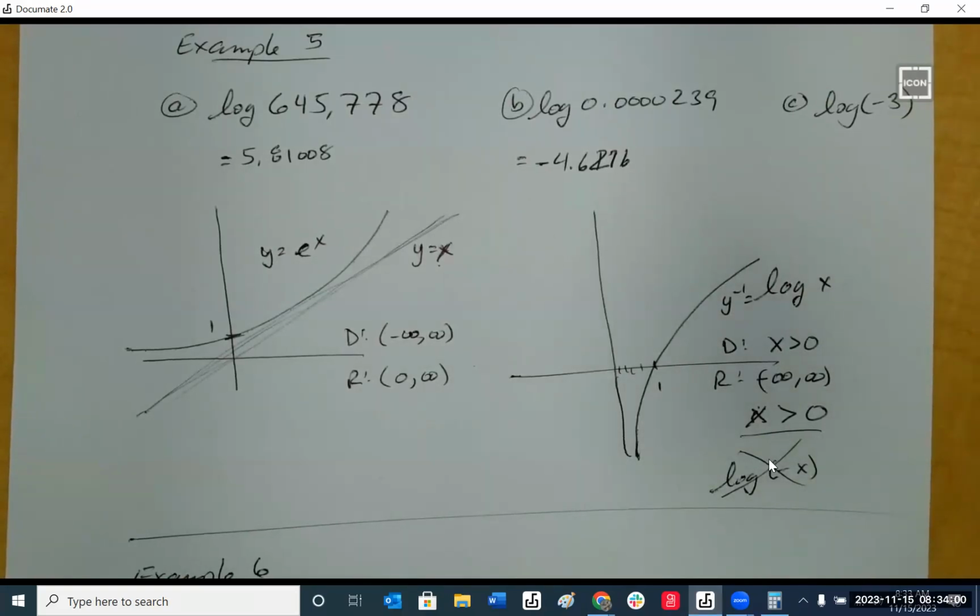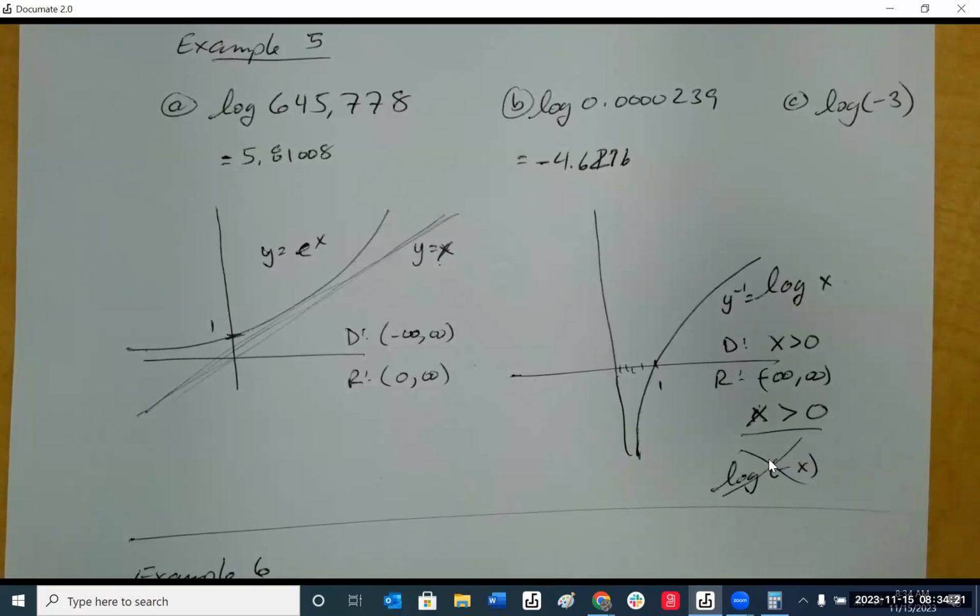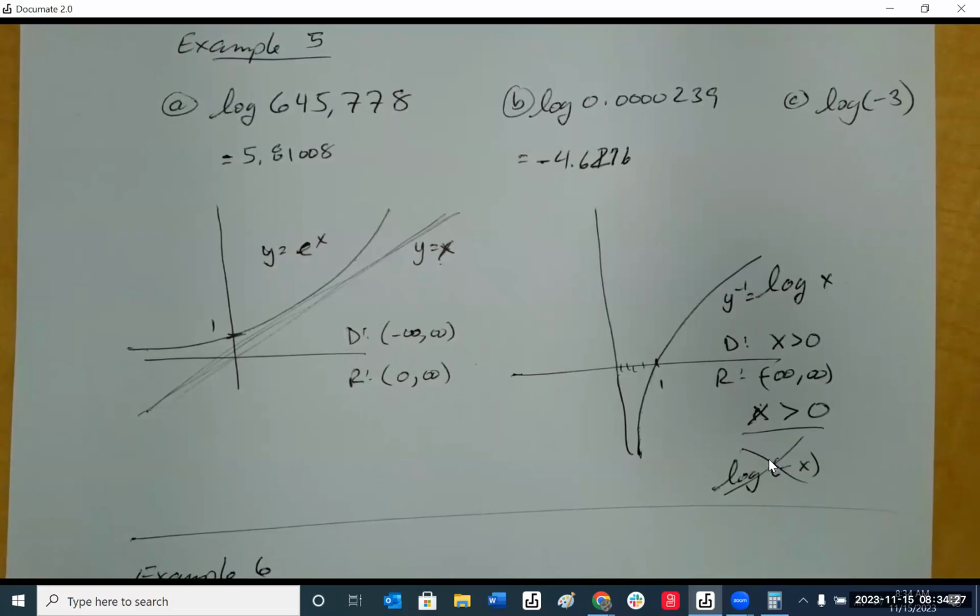All right, example 6. Let me put the questions down, this one has 5. ln of 645,778. B is ln of 0.000239. ln of negative 5. ln of e.